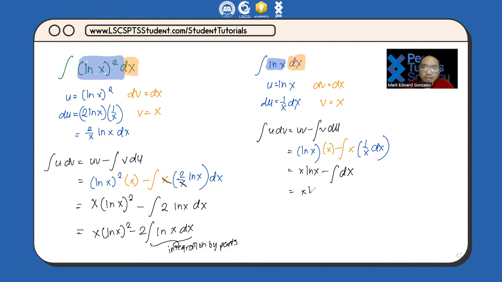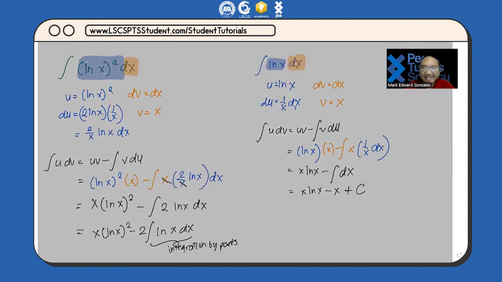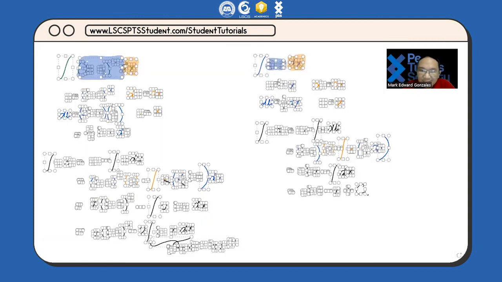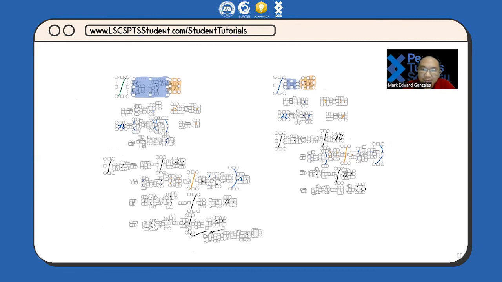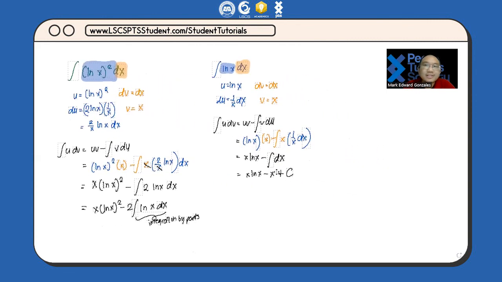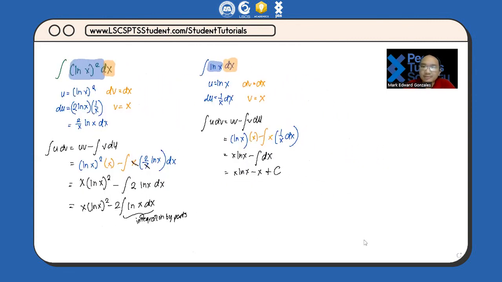So the integral of ln x is x ln x minus x plus c. So we have to plug it in there. So we make our handwriting smaller again so that we have some space. It would be nice for Zoom to have an infinite whiteboard similar to Microsoft Whiteboard.